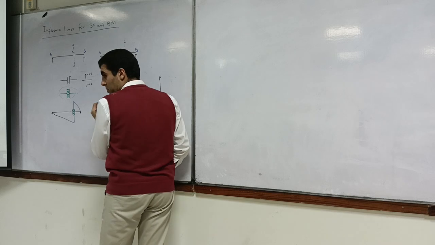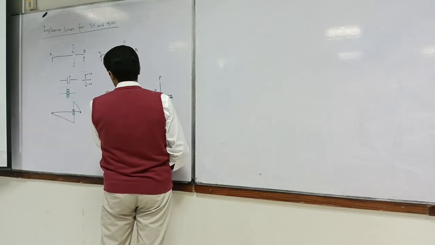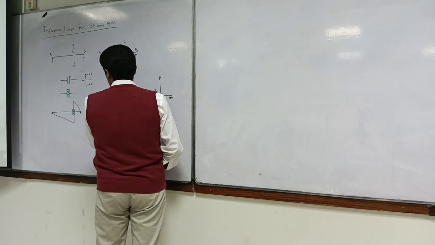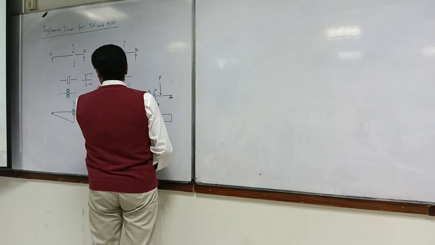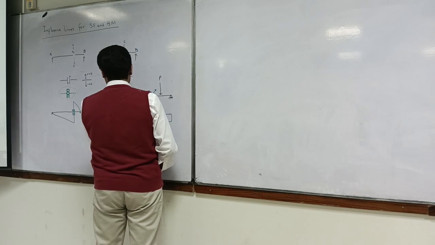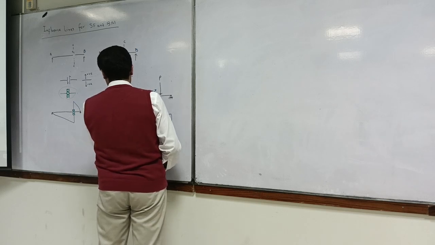However, in the case of moment, what do we do? In the case of moment, we say clockwise positive. No. We are saying that if it is in this direction, it is positive. If it is in this direction, it is negative.